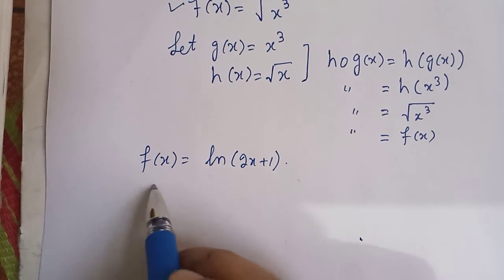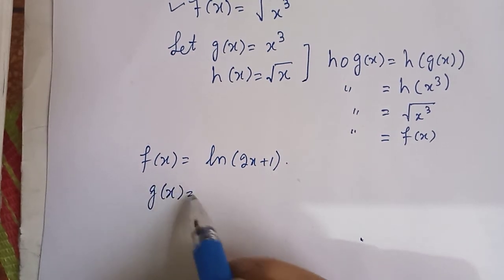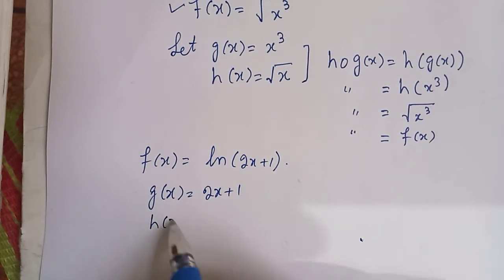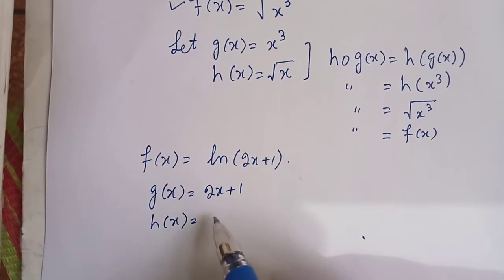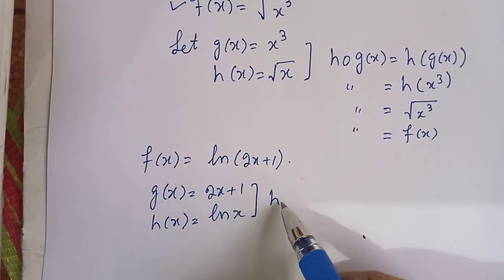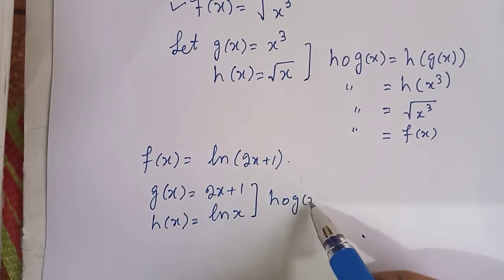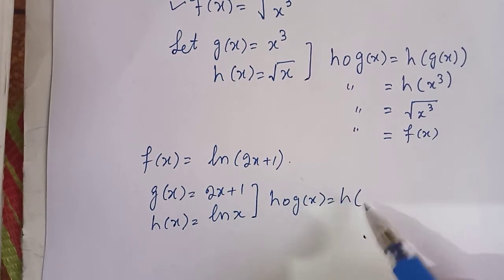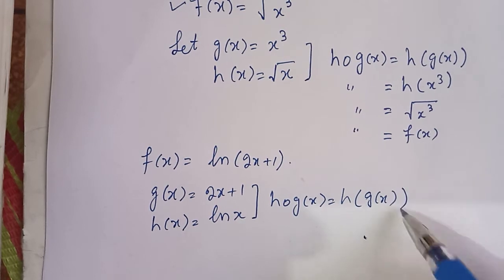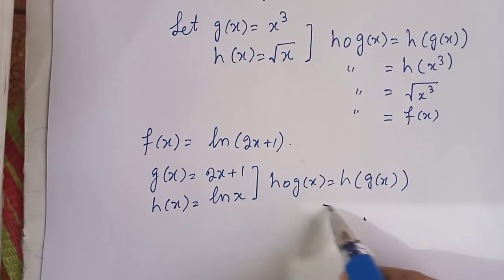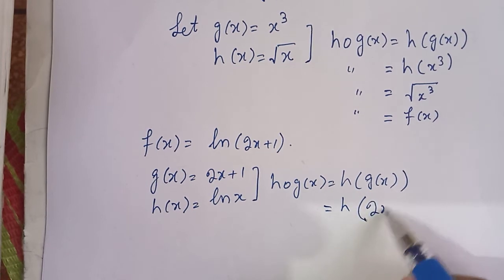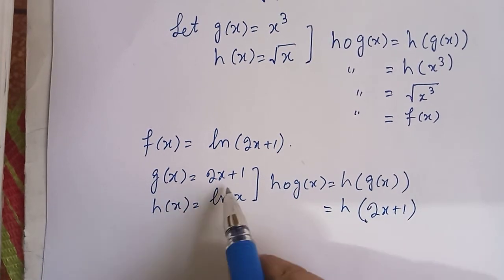Let's define g of x as 2x plus 1 and h of x as ln of x. Now take the composition h circle g. From h circle g you will obtain f of x. So h circle g means h of g of x. In place of g of x write 2x plus 1, because g of x is equal to 2x plus 1.